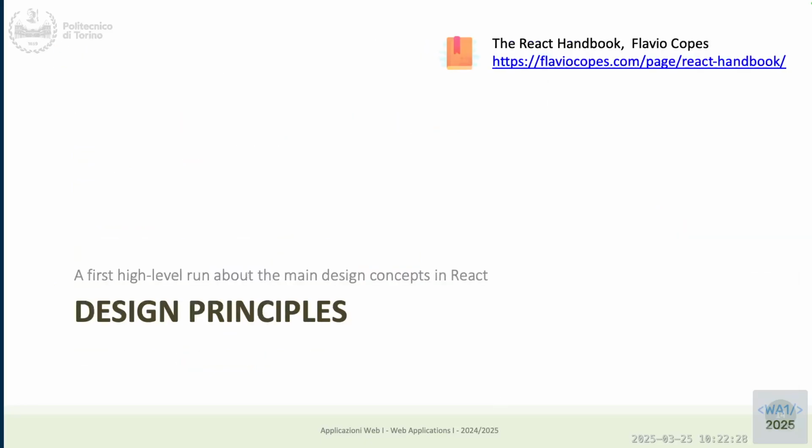Okay, so we are not going to learn DOM level programming, okay? Just to understand that actually it's the way the page is represented, and we are manipulating it through a virtual DOM that is provided by React.